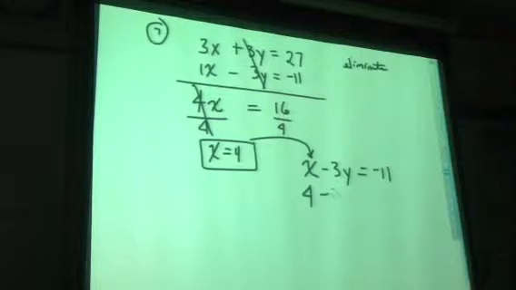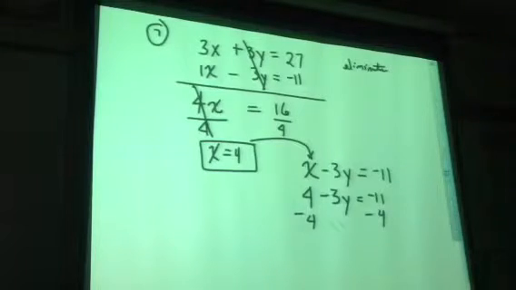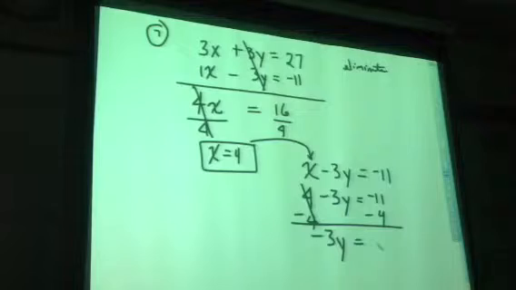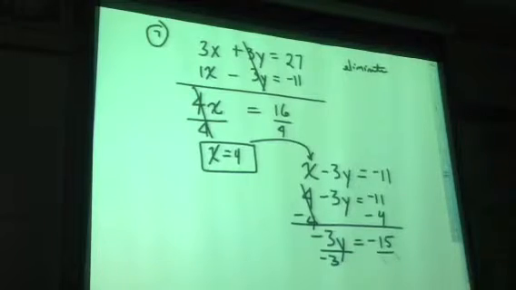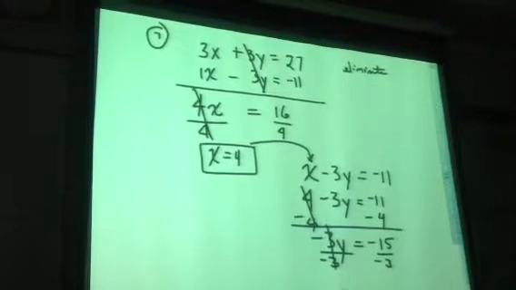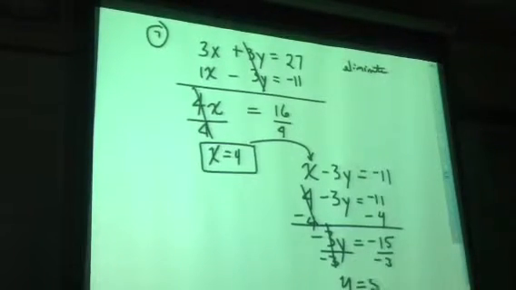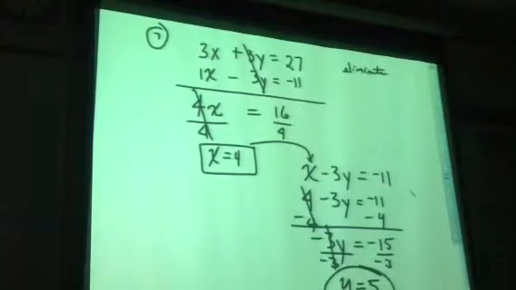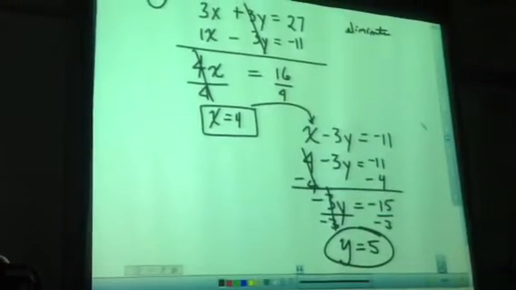A 4, minus a 4 and minus a 4. Negative 3y equals negative 15. Divide by negative 3. Y equals 5. Oh, there it is.